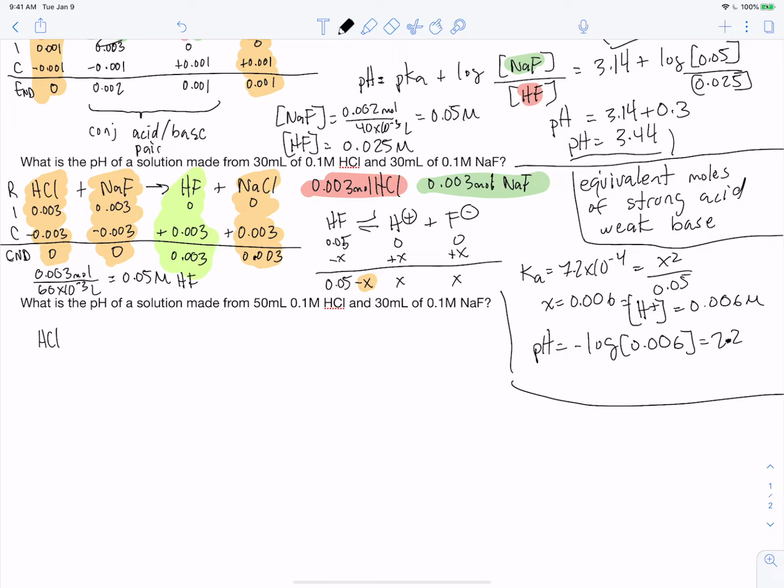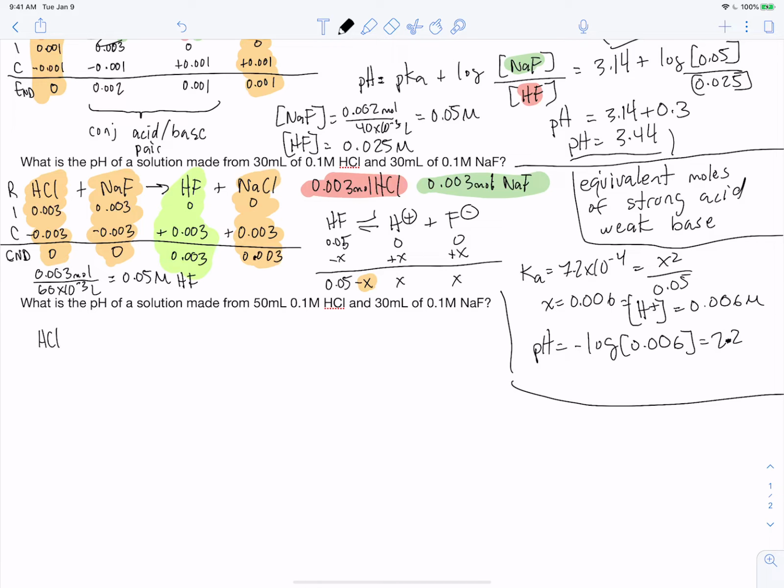The contributions from the weak acid are negligible. What this means, though, is that our calculation here is very, very easy. So this becomes just a normal strong acid problem.